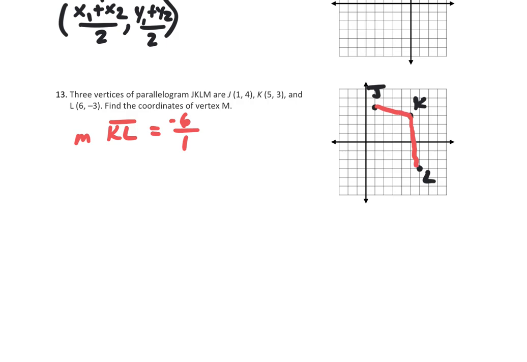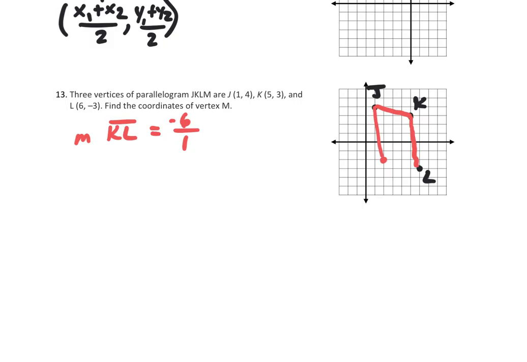I'm going to do the same thing from J. I'm going to go down 6, right 1. So I'm going to go 1, 2, 3, 4, 5, 6, right 1. And that's where M would be, okay?